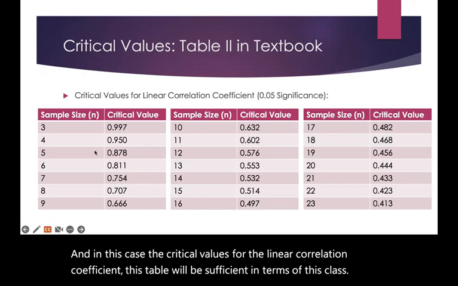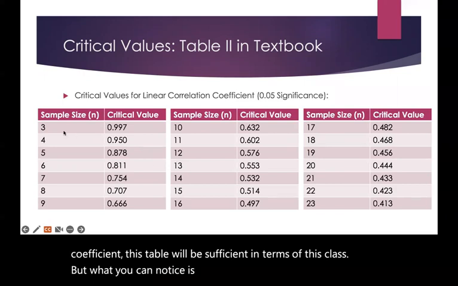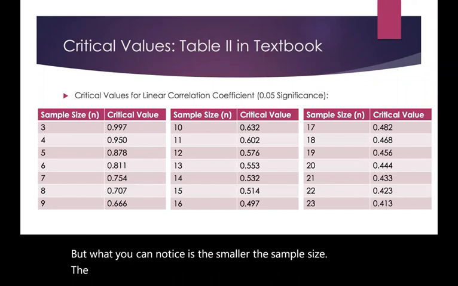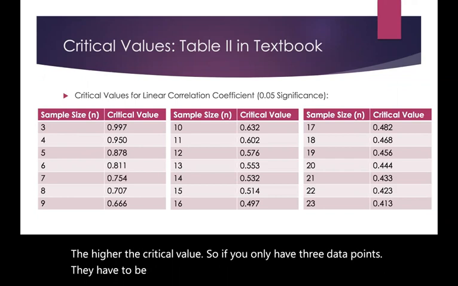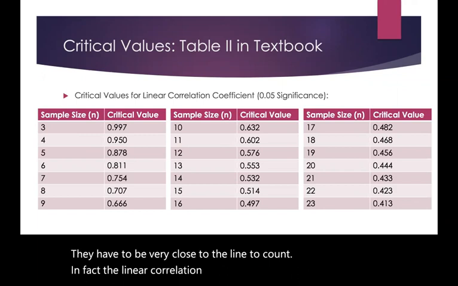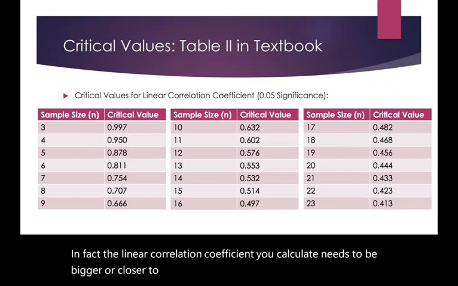But what you can notice is the smaller the sample size, the higher the critical value. So if you only have 3 data points, they have to be very close to the line to count.